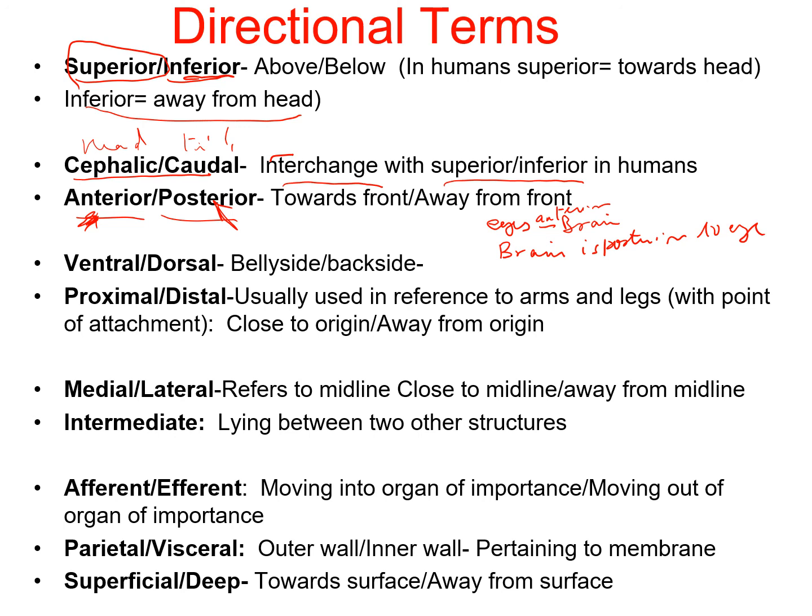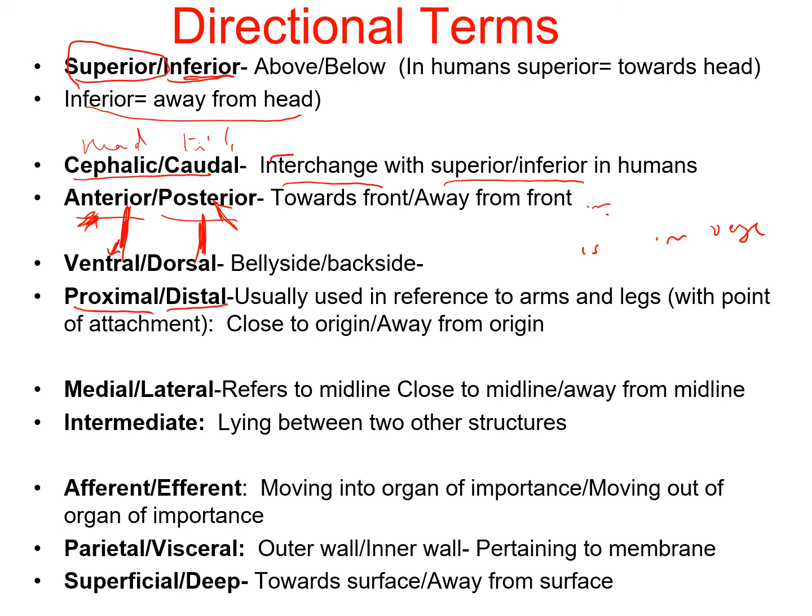All right, so ventral and dorsal can be interchanged with anterior and posterior in humans. Ventral means towards the front or towards the belly side. So anterior and ventral mean about the same, and dorsal means towards the back. Okay. Now proximal and distal.